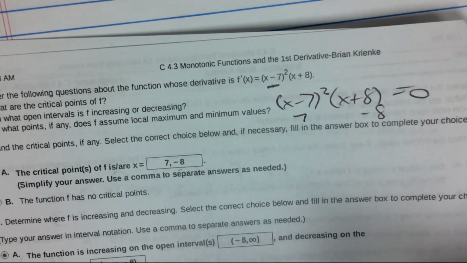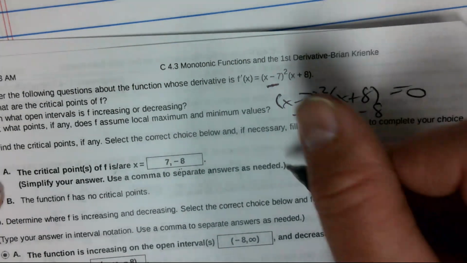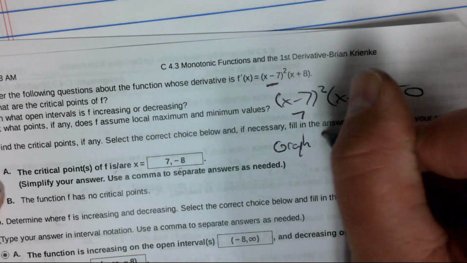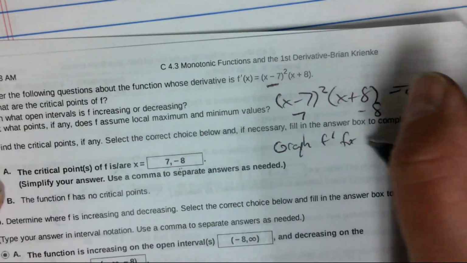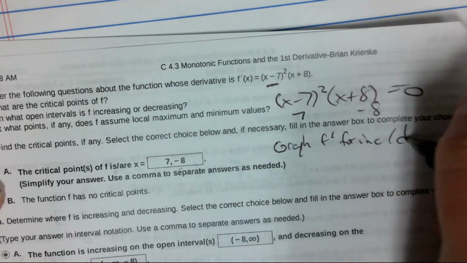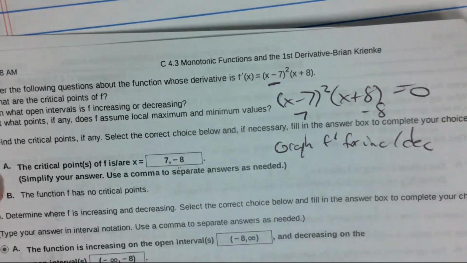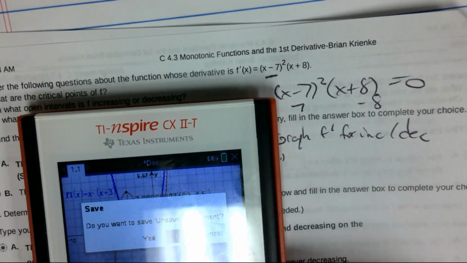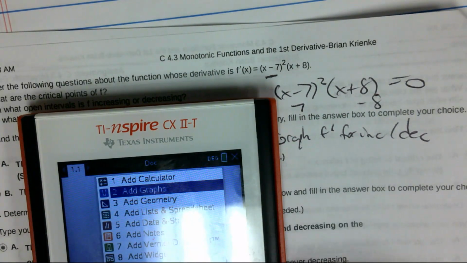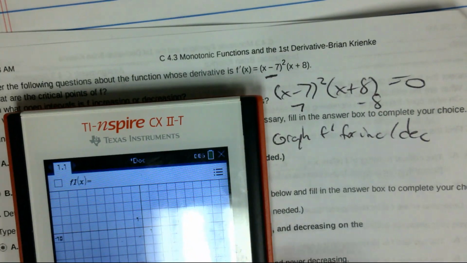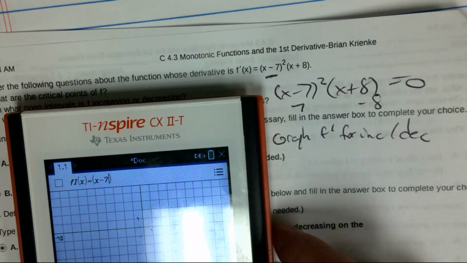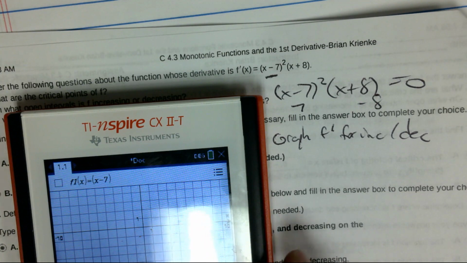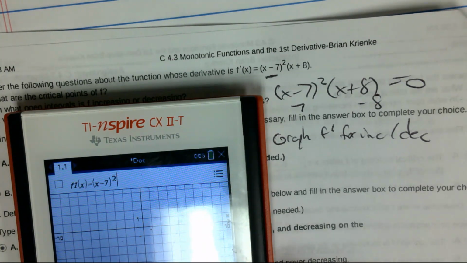Now, when we graph it, graph f prime for increasing and decreasing. So we have x minus 7 squared times x plus 8.